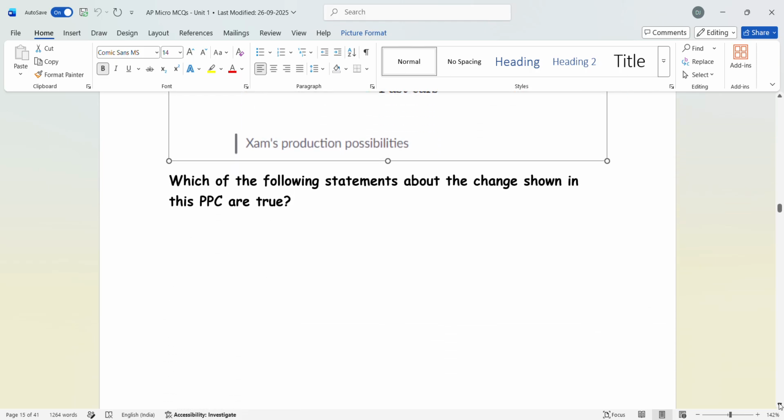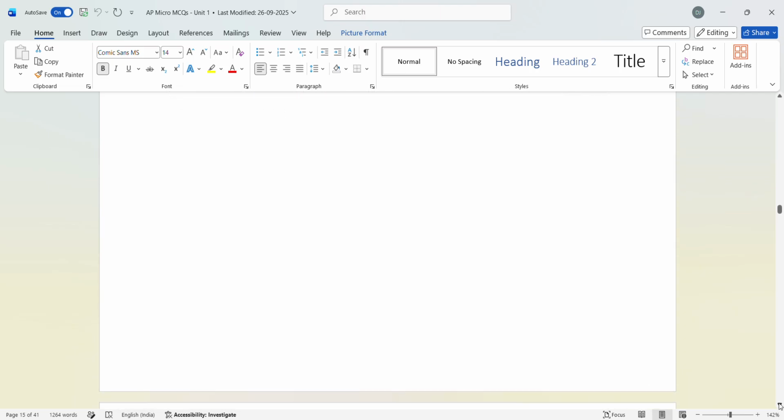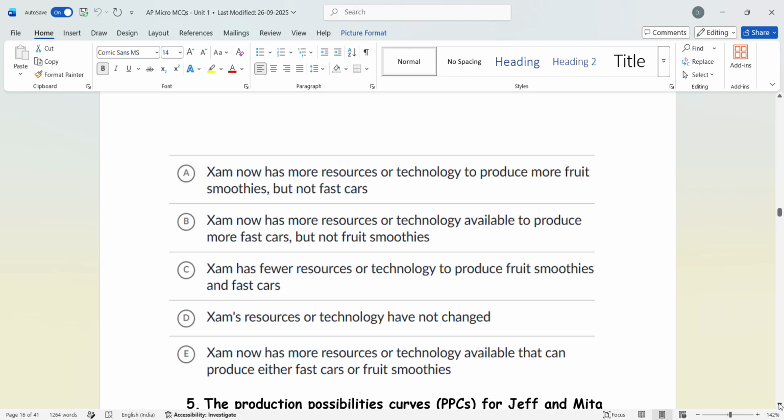Which of the following statements about the change shown in this PPC are true? Let's see. Zam now has more resources or technology to produce more fruit smoothies. Not correct. Zam now has more resources or technology available to produce more fast cars, but not fruit smoothies. That's the correct option.